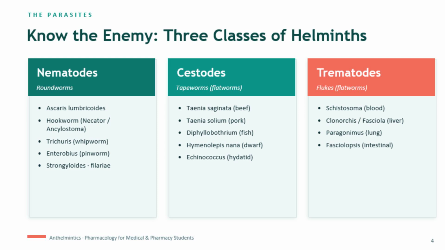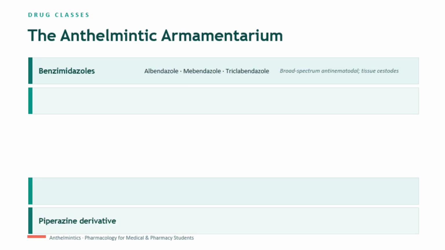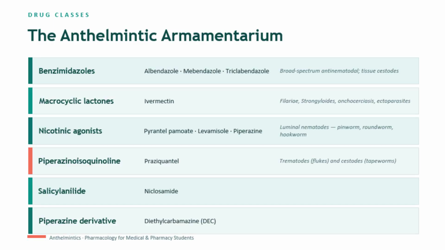And third, the trematodes or flukes, also flatworms, including the blood flukes like schistosoma, plus the liver, lung, and intestinal flukes. Hold on to this classification because, as you'll see, our drug choice maps directly onto whether we're facing a roundworm or a flatworm.